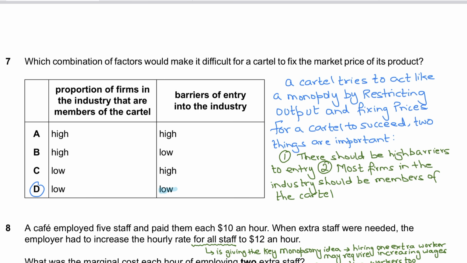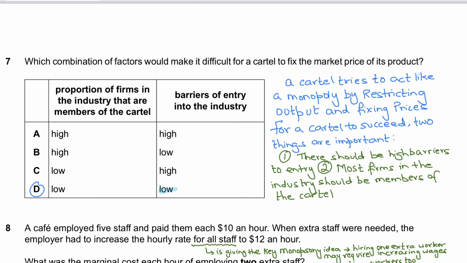And if new firms can easily enter the market, doesn't that make it contestable? And so new firms will take it. What would these new firms do? If you're entering the market, these new firms would take advantage of the high cartel price. The cartel is increasing the market price, and these new tiny firms who have just launched will enter the market and take advantage of the high cartel price, and they might be more efficient and capture the market share.